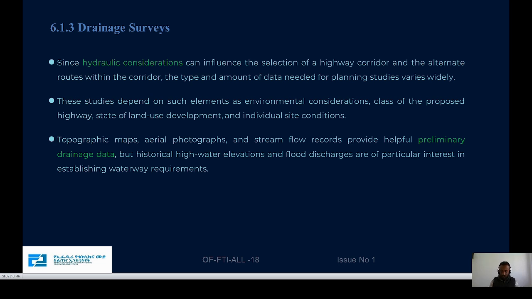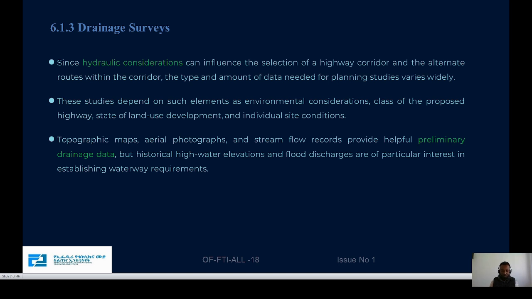For example, if a route alternative is in lowland, lowlands frequently have potential for flooding. So we have to alternate the route alignment in the reconnaissance surveys. It is very important to survey the drainage.